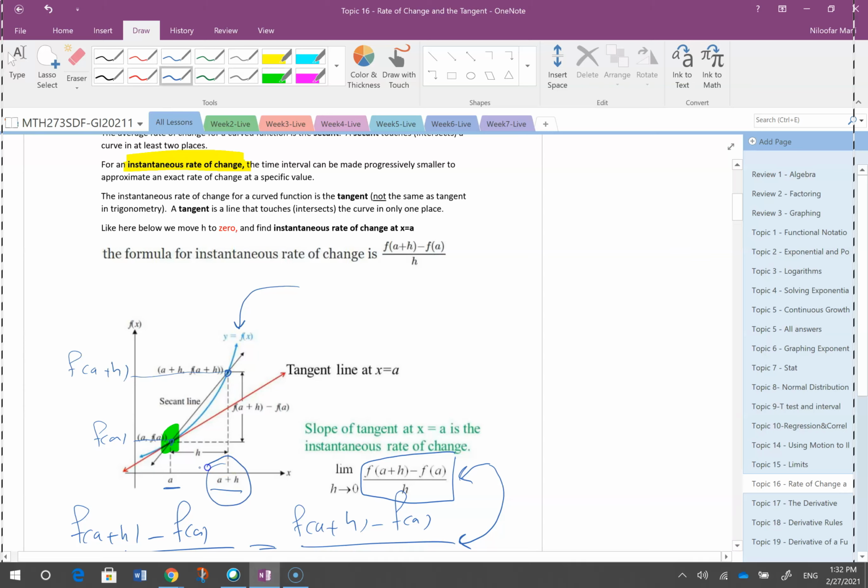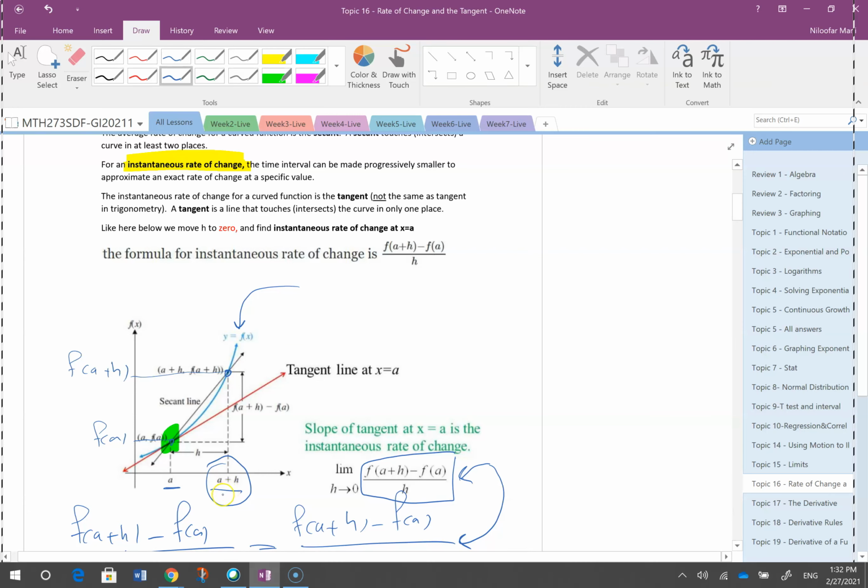This is a close point, a plus h, and then I approach h to 0. When I approach h to 0, h is not 0. Do you remember in limit, topic 15? H is not 0. When I say approaches, it is very close to 0, but it's not 0. So I don't have 0 over 0 then.